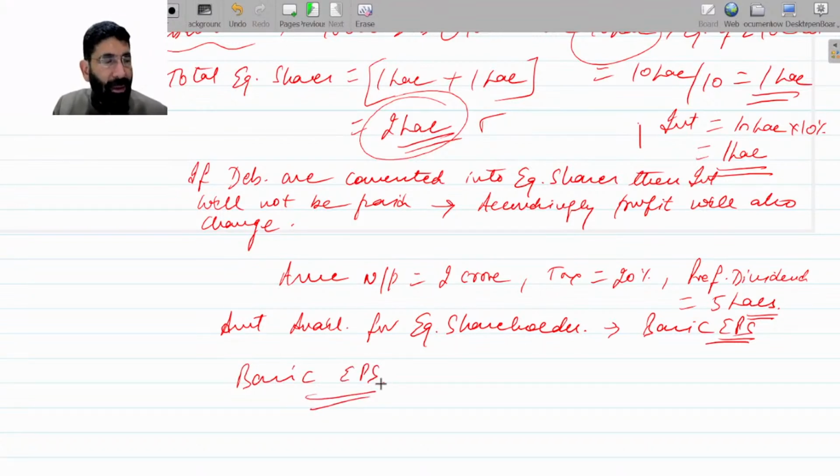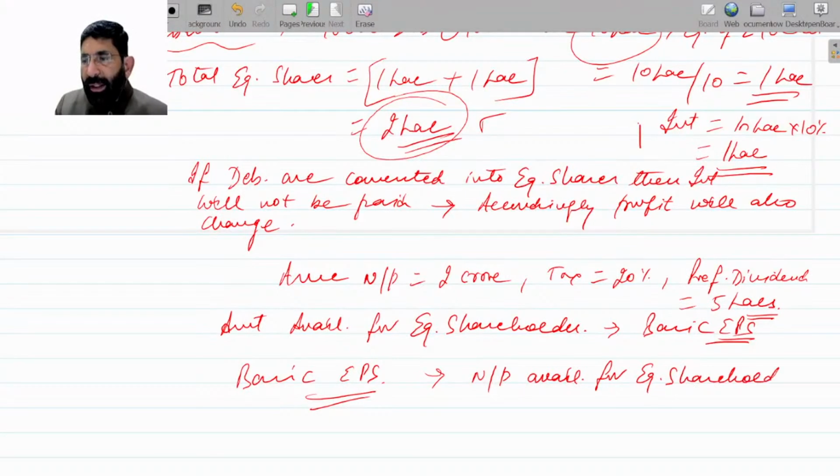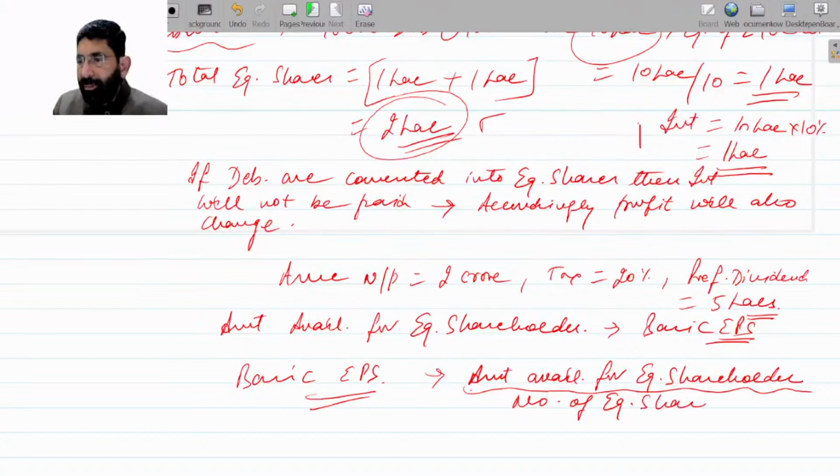For calculating basic EPS, what do we need? We need net profit available for equity shareholders. We are normally writing it as amount available for, or profit attributable to equity shareholders, divided by number of equity shares. So how much will it be?